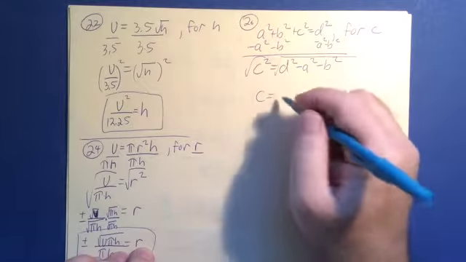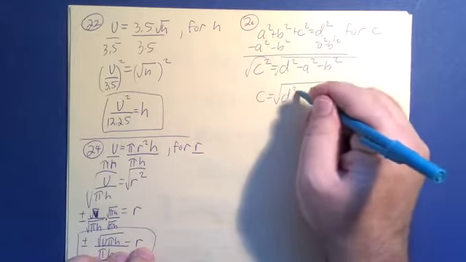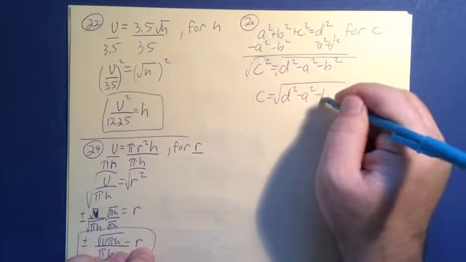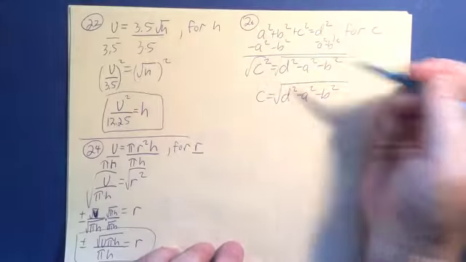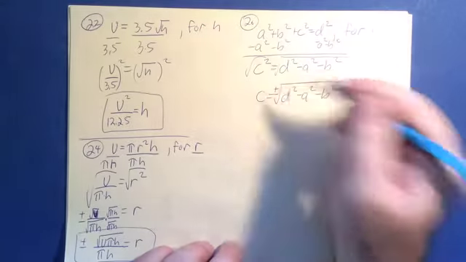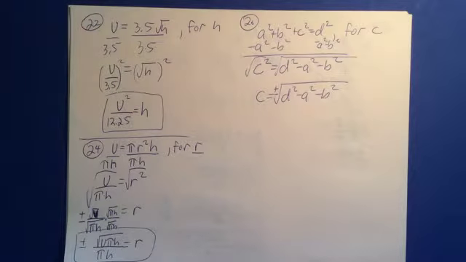And then c is equal to the square root of d squared minus a squared minus b squared. You could probably write that in a few variations, but it's perfectly okay to leave the answer in this final form, with one exception. We have to make sure we put a plus and minus there because we did take the square root. So we're going to leave it like so.